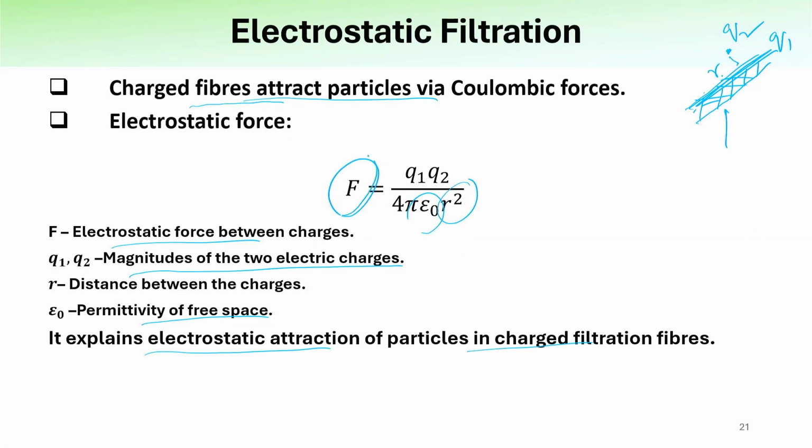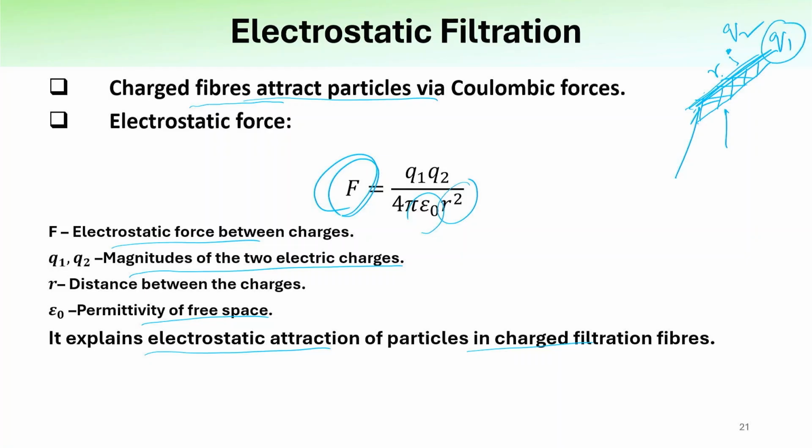That is, with how much force the particle is being attracted by the fiber. So, if we charge this fiber with a higher quantity, that means it will attract more.